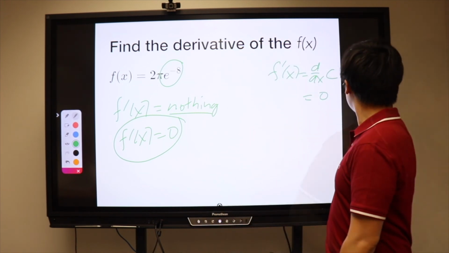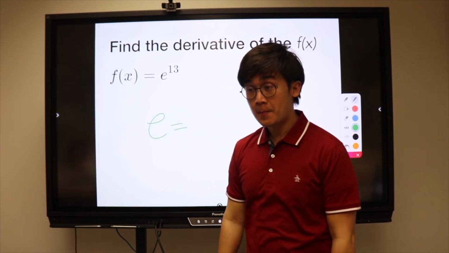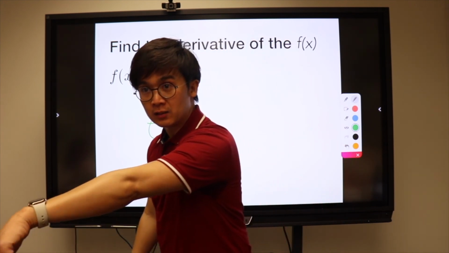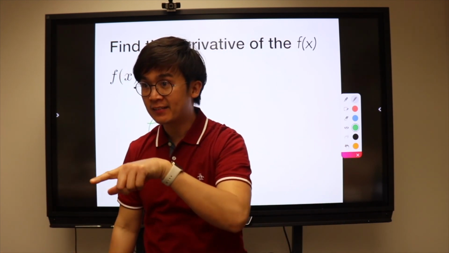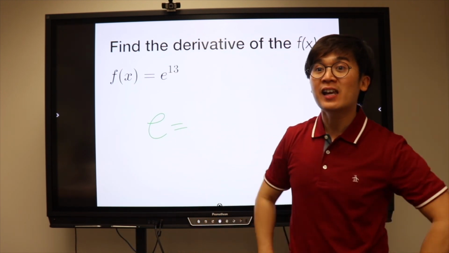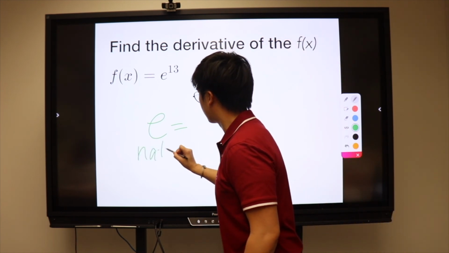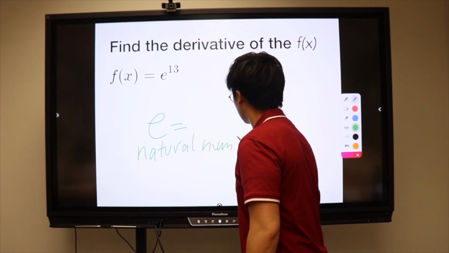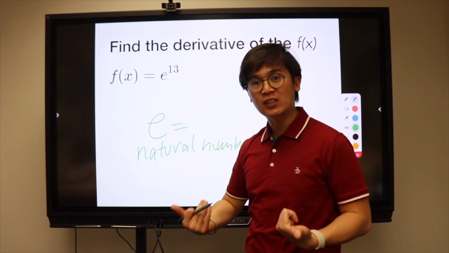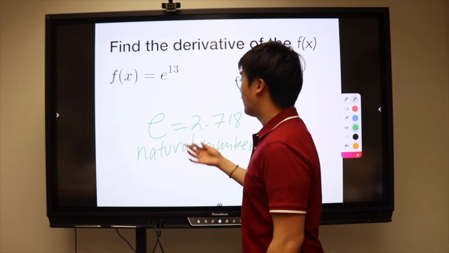How about this? First, do you know the value of e? No. Oh my god. Get your calculator. Push the letter e, and give me the value of e. What is e? E is a constant in mathematics. We call it the natural number. And what is the value of the natural number? 2.7182818.